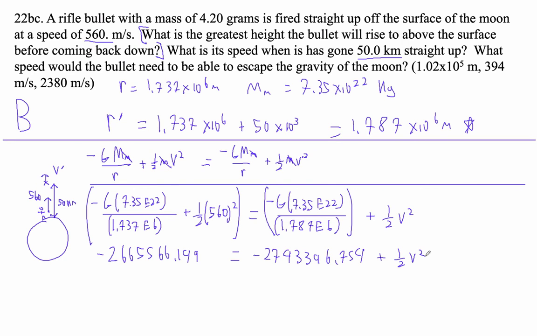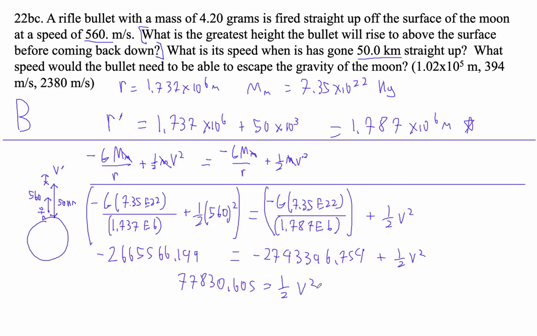All right, so now I'm going to do this left side minus the right side. And it's good news that I get a positive number here. Let's see, 77830.605 is 1/2 v squared. Okay, so multiply by 2.